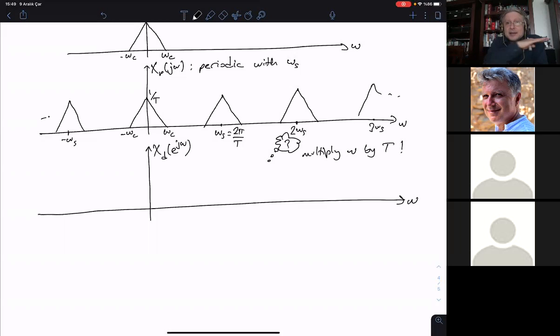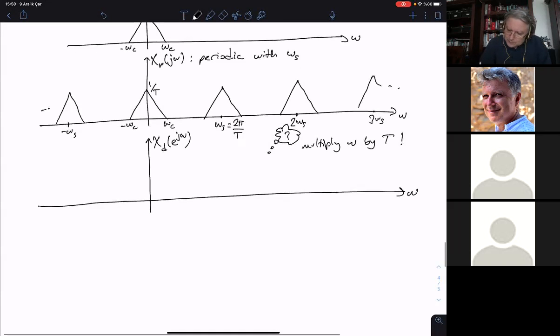If I multiply the axis of x sub p of j omega, the omega axis, by capital T, omega s becomes 2 pi, because omega s is 2 pi over capital T, times capital T will be 2 pi. And everything will be not periodic with omega s anymore. It will be periodic with 2 pi.